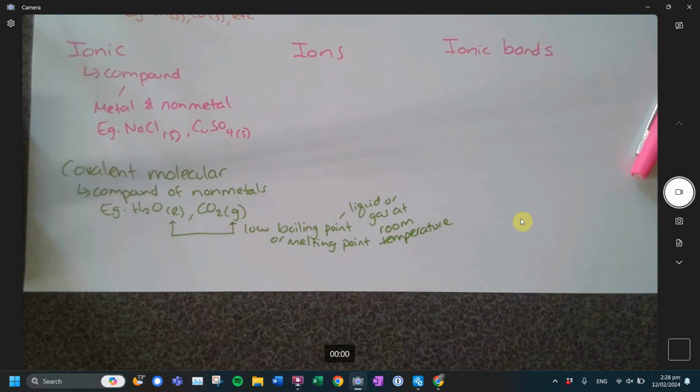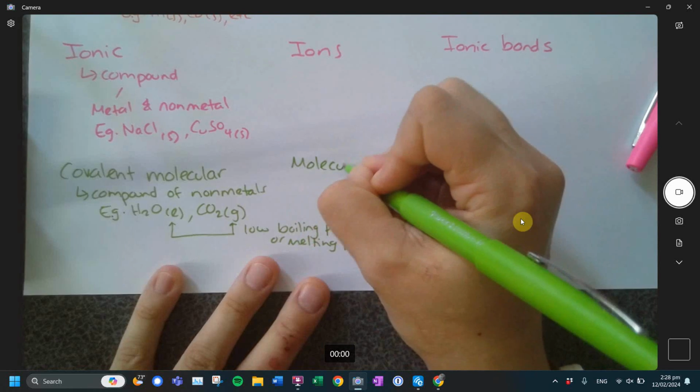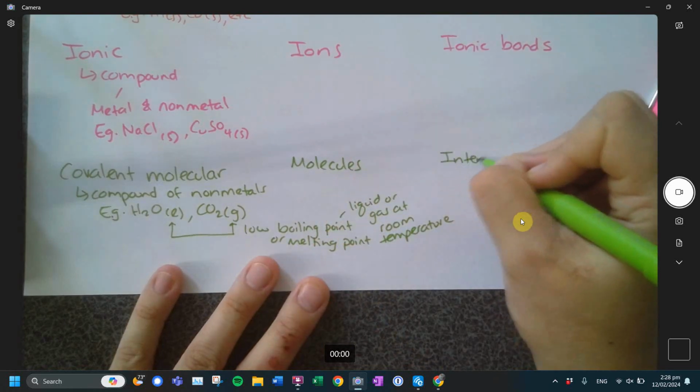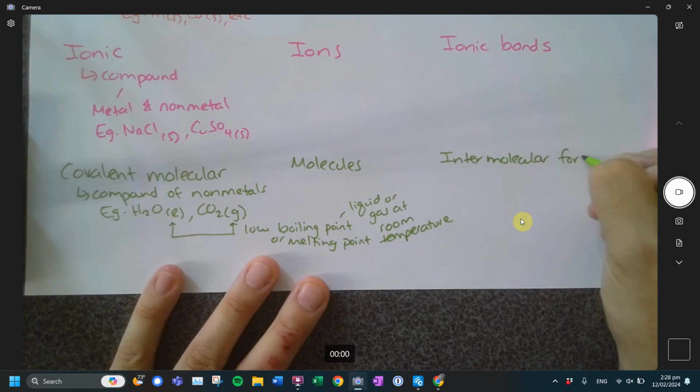So those are the hints for my covalent molecular. With this one, you probably need to read the rest of the question to find those hints. The particle that makes these up will be my molecules, and the bonds would be the intermolecular forces.